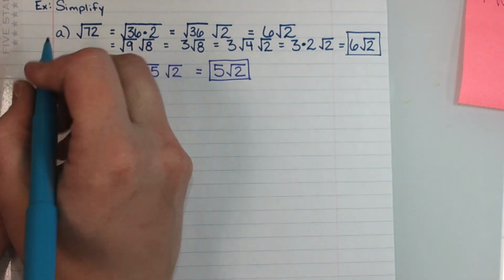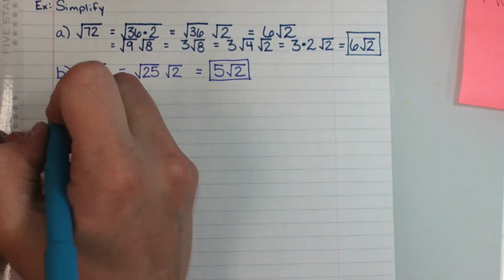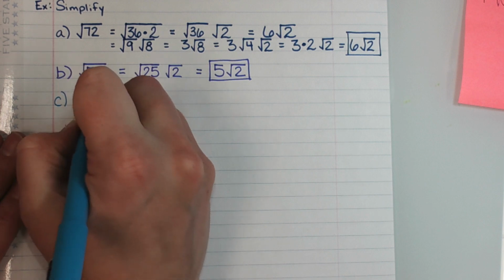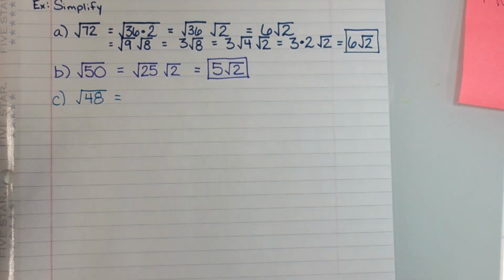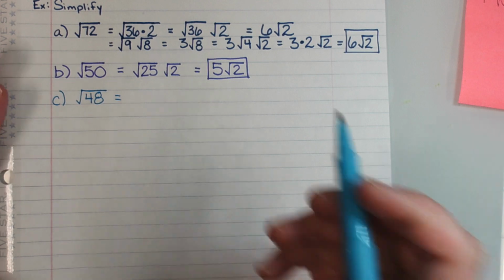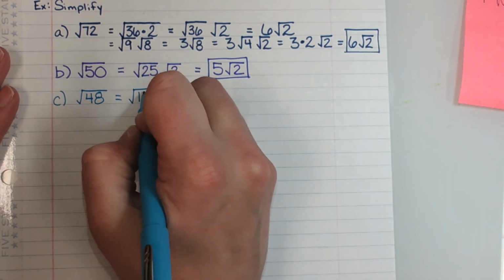Do one more like this, and then I'm going to change it up on you. Square root of 48. Emily, what perfect square does 48 divide by? Specifically 16 times 3.